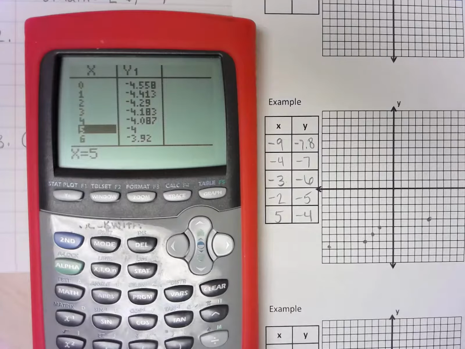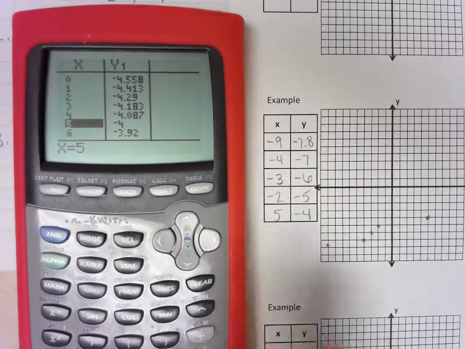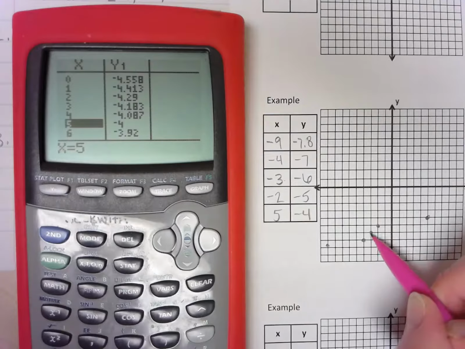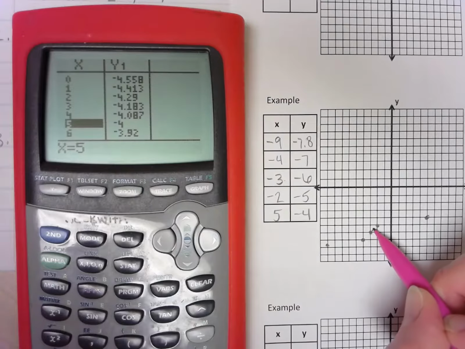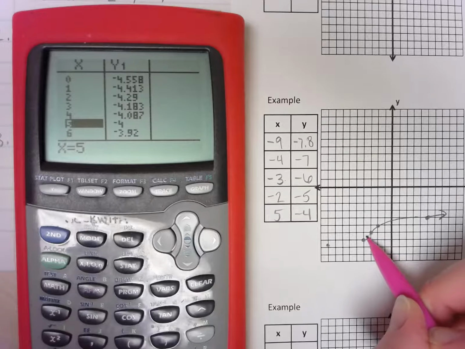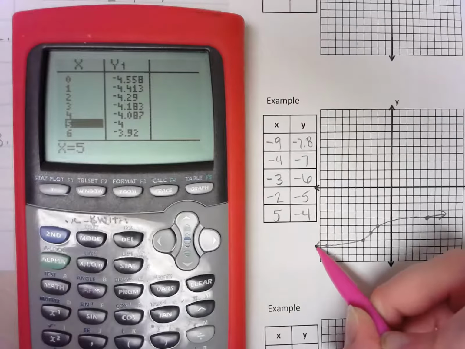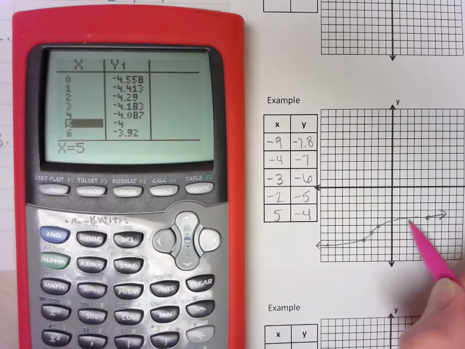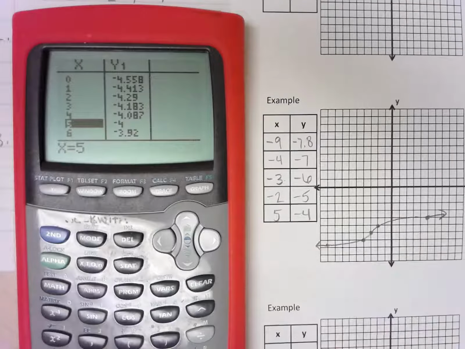So this is the correct shape for our graph. We do see these points, they are not a line. Be careful when you connect them. They are curved shapes. So just curve out this way as well as curve out this way. You should see this curvature shape in the center, and it's going to kind of flatten out as it goes either side.